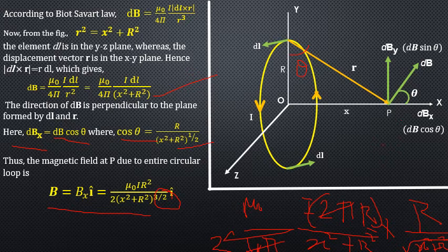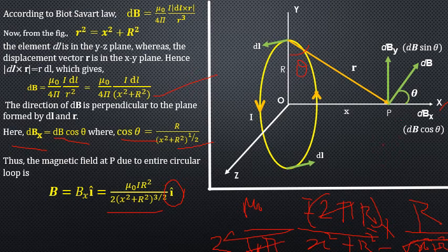So the overall expression is mu naught upon 2, I r into r is r square. So mu naught I r square upon 2 x square plus r square raised to the power 3 by 2. And since only the x components are existent, the net direction will also be along the x-axis. That's why it is represented by unit vector i cap.